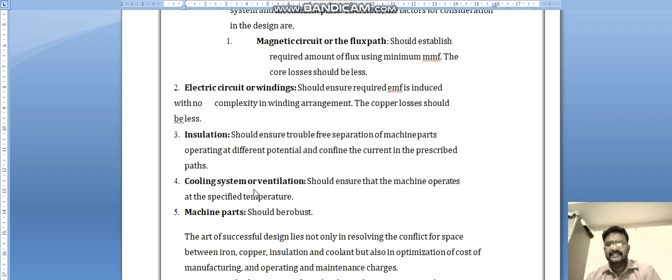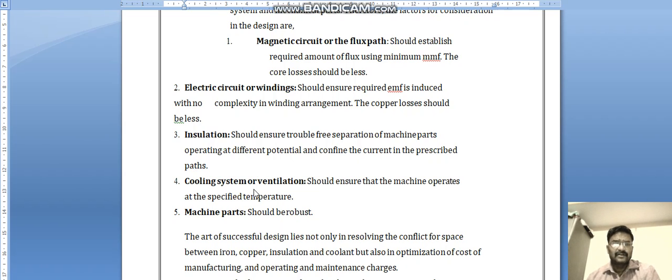the temperature will increase. When the temperature increases, what will happen? The properties of the materials will change. For example, suppose there is no cooling system for the motor. The current carrying conductors will generate heat. If the cooling system is absent, the heat generation in the copper wires will increase more.